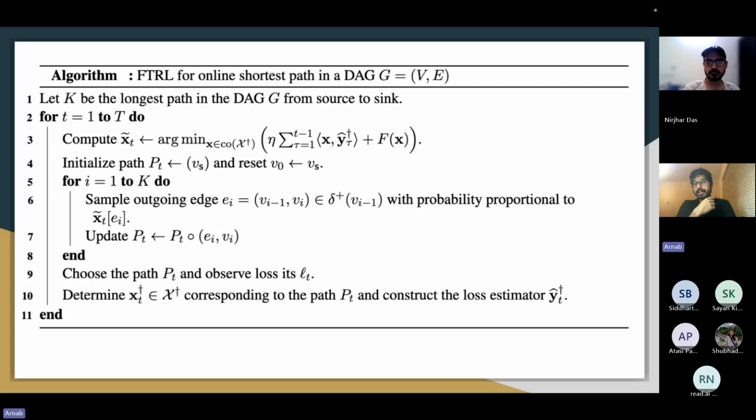But I did not explore that particular approach compared to this.